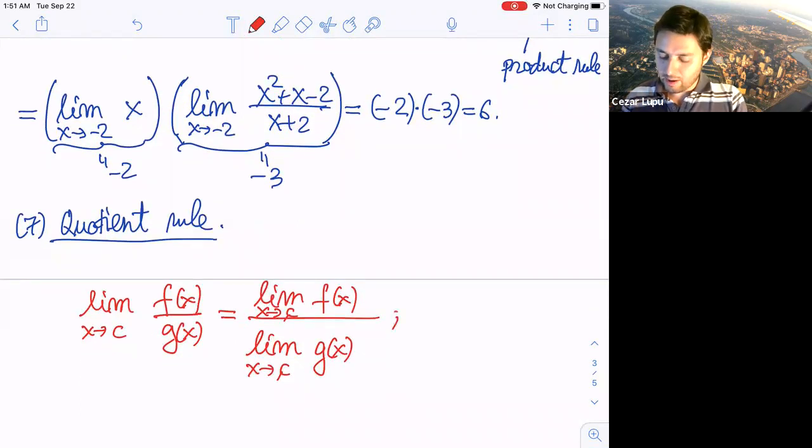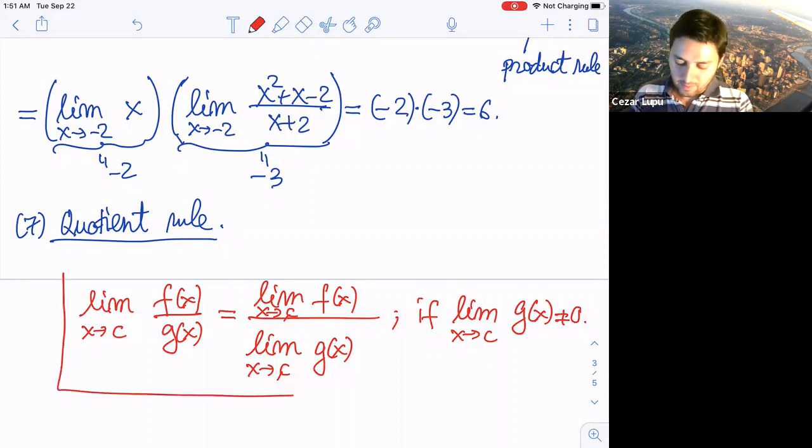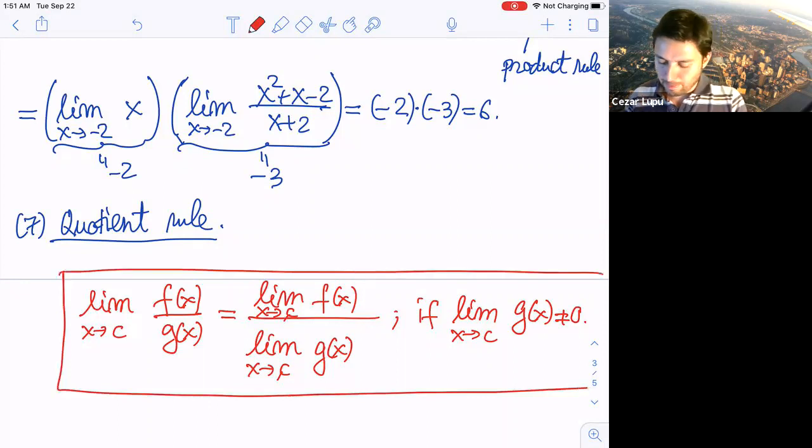We have to take something into account: the limit as x approaches c of g of x must be different than 0. Provided we have that, the limit of the quotient is the quotient of the limits.